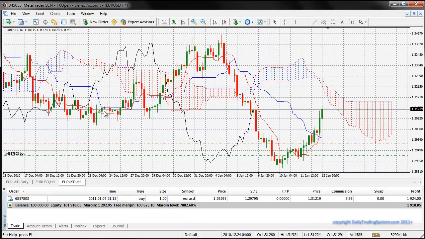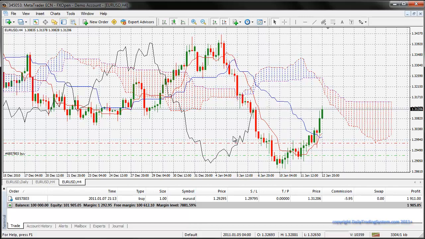And then the next thing you want to take a look at is to home in on these blue and red lines. Okay, you see these blue and red lines here. If I hover over this one, this will actually say, I think it's the Tenkan-sen, and this one here is called the Kijun-sen. Excuse my pronunciations if I'm not getting them correctly.